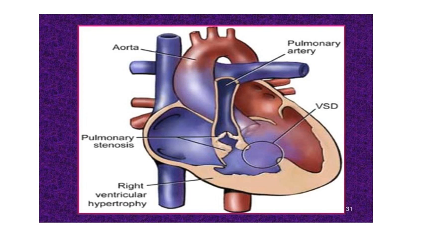Initially, if subpulmonic stenosis is mild, the abnormality resembles an isolated ventricular septal defect and shunt may be left to right. But if subpulmonic stenosis is severe, then from the initial time the shunt is right to left.